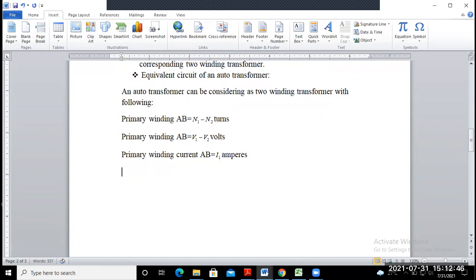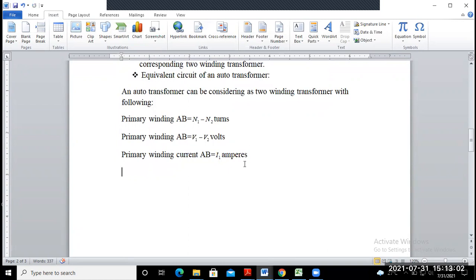And the secondary winding, that means BC. We just consider the two windings of the auto transformer.